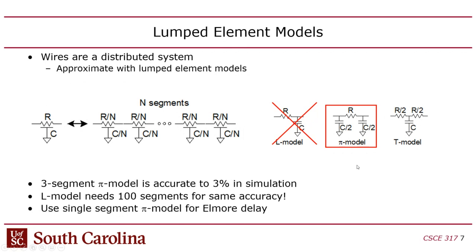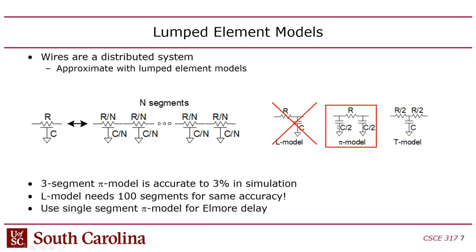And the pi model is the one that's generally used, where you calculate the capacitance for the wire, and you divide it by 2, and you spread it across 2 capacitors, one on either side of a resistor. And so the resistor is the resistance of the wire, and then C is the capacitance of the wire. And so each one of these capacitors in the pi model is C over 2.